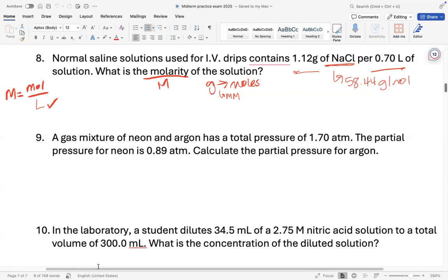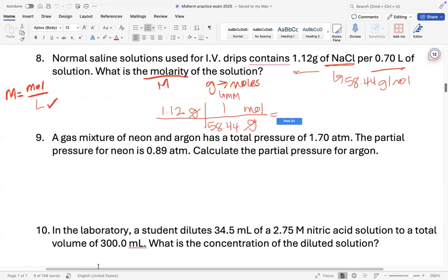So you need to know how to set this up. 1.12 grams, that's going to go on top. We want grams to cancel, so we're going to put grams on bottom. Its partner is moles. Moles is going to go on top. This number is always married to the gram, so since I put grams on bottom in order to cancel, I need to put this number with it, leaving 1 mole on top.